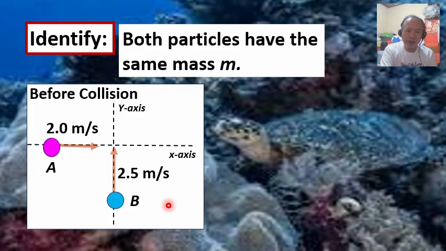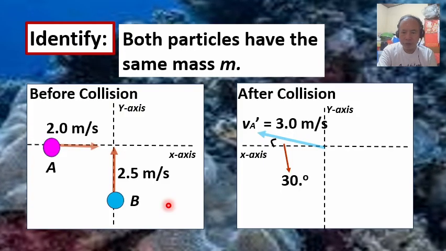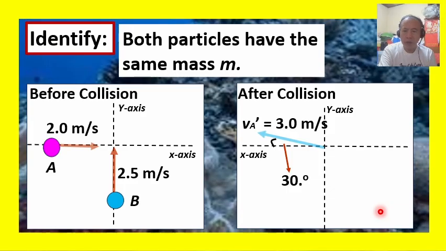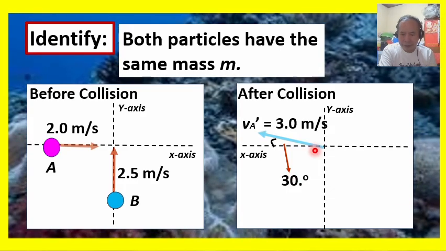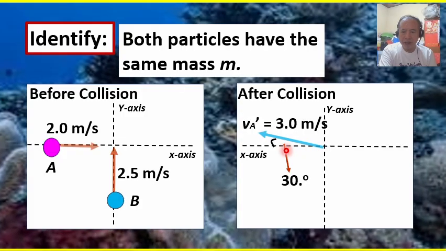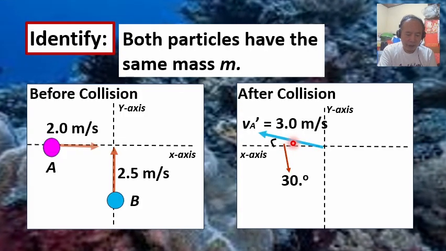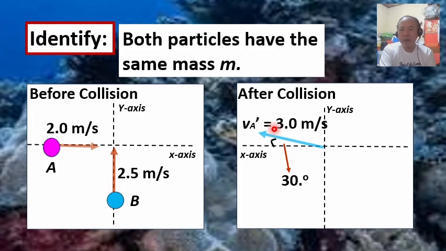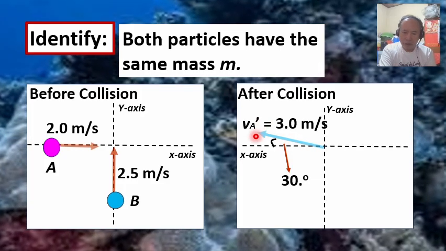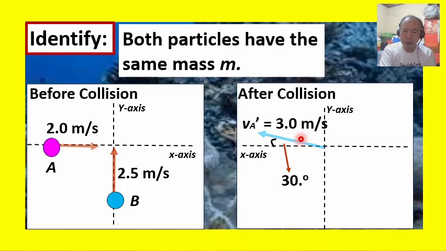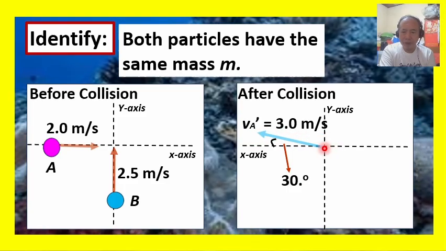And just after the collision, we are given the information that particle A has now a speed denoted by v of A prime equal to 3.0 meters per second.